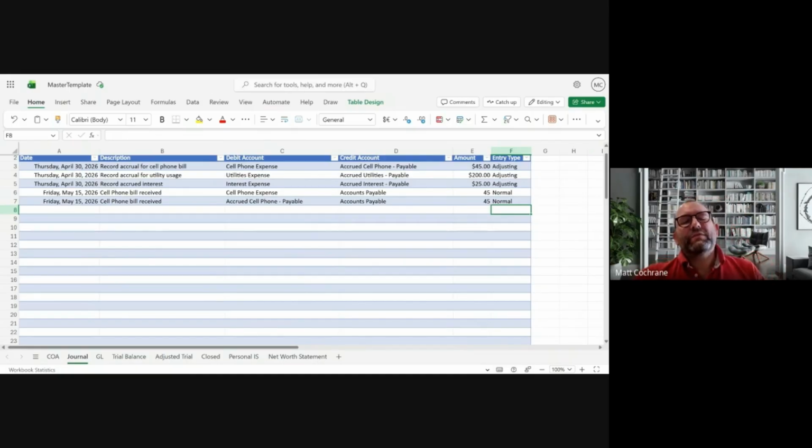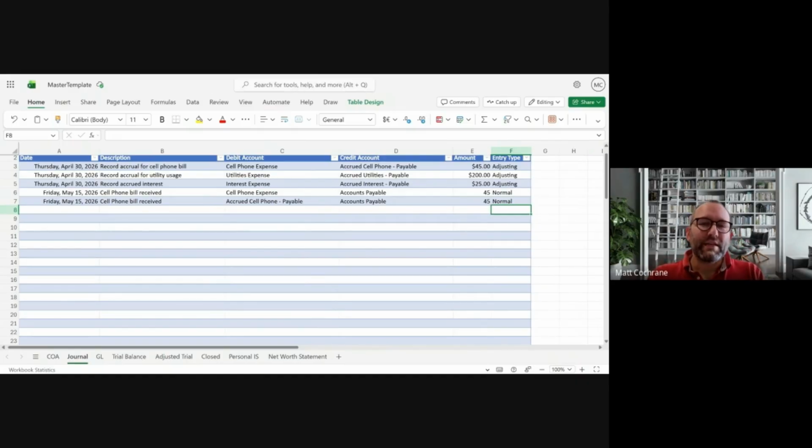We have to adjust for the fact that what we estimated was actually less than what the actual amount was. So what we've done is we've recorded too little of utilities expense, and we have to increase that by the difference.